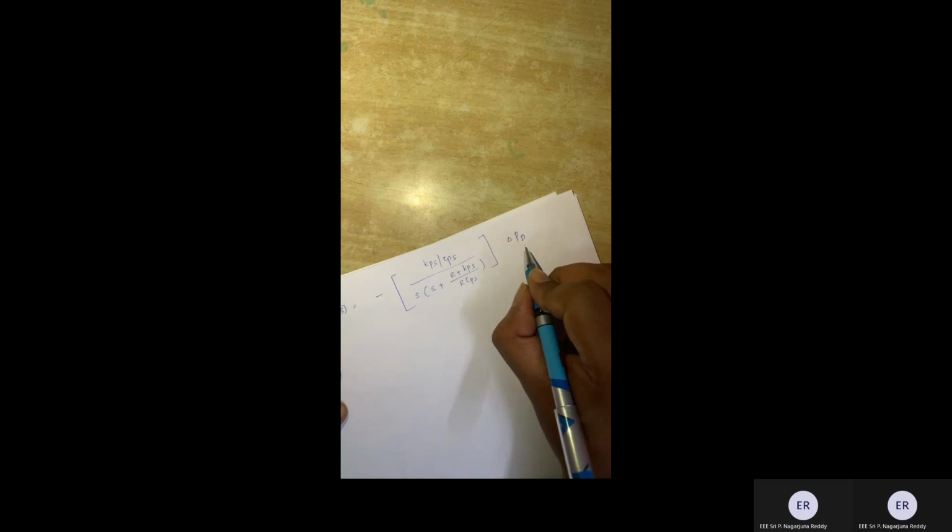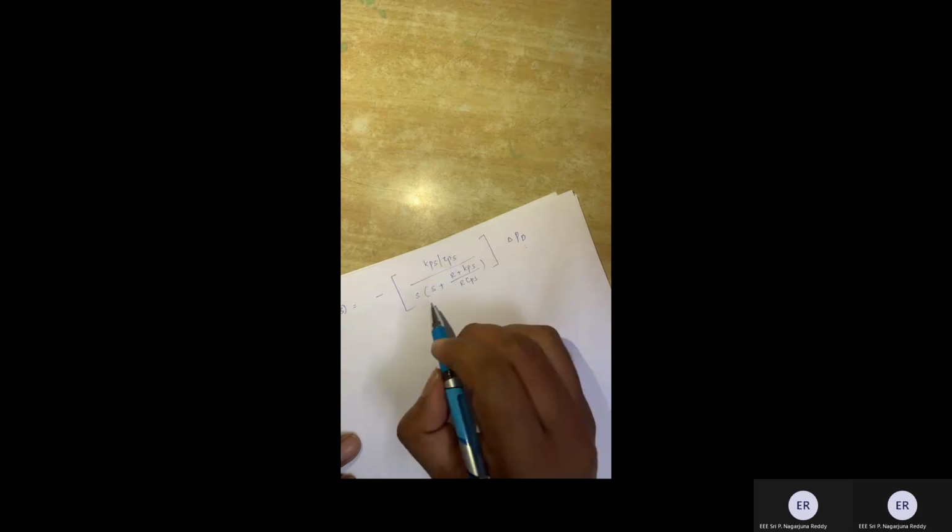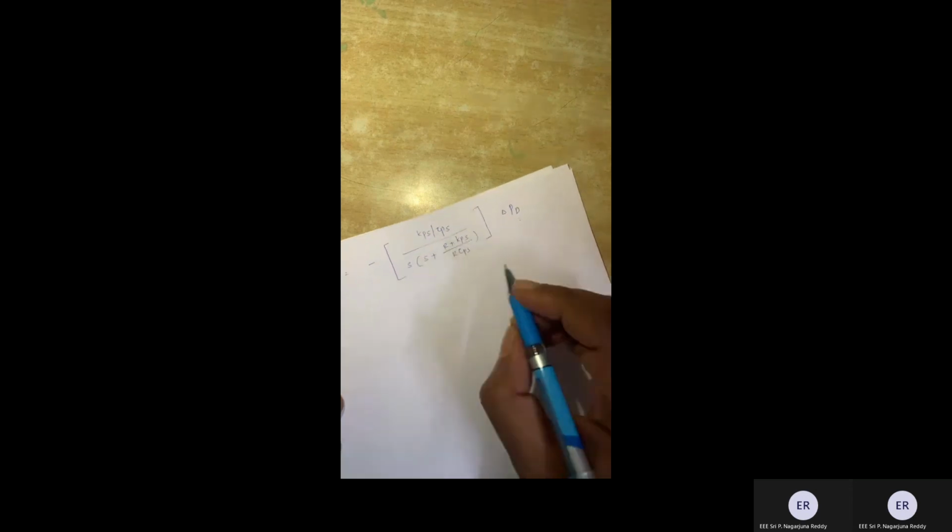This is some constant value. Now, I think you know how you will be solving these things.